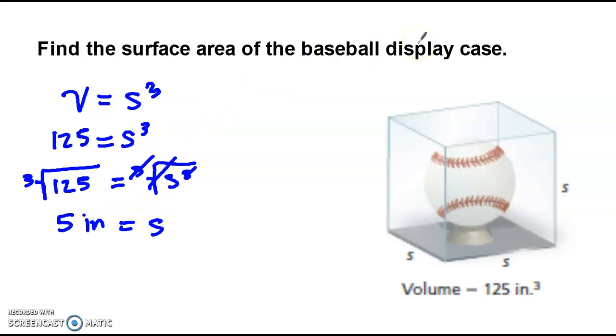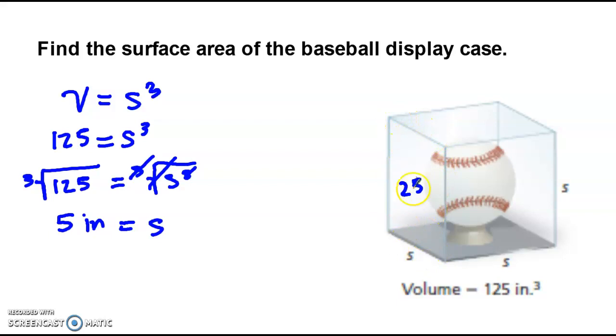But they wanted us to find the surface area of the baseball display case. So we were able to find just the side. So think about how you would approach that. Well, I know that each side has an area of 5 times 5, so that's 25, right?